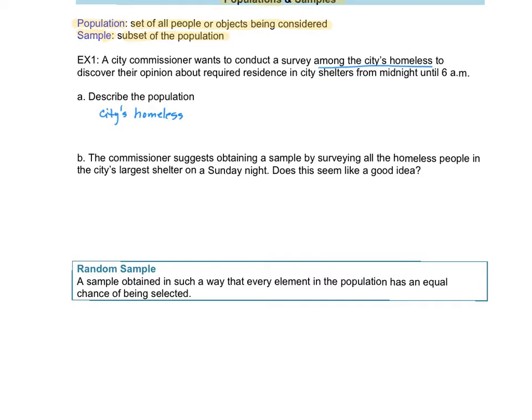You want to collect your sample of your population so that the sample actually represents the population. Surveying homeless people that are already in a shelter and just on a Sunday night is actually not a good idea. It would not give you a good sample.